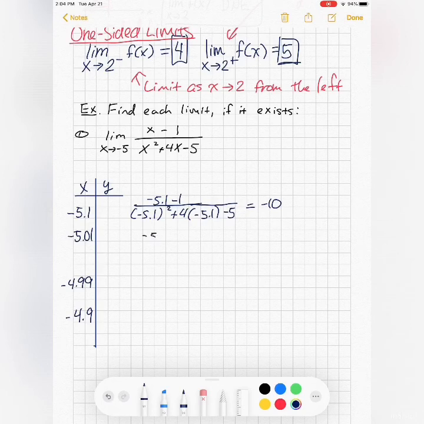Okay, let me try the next one. -100. Okay, so next one.